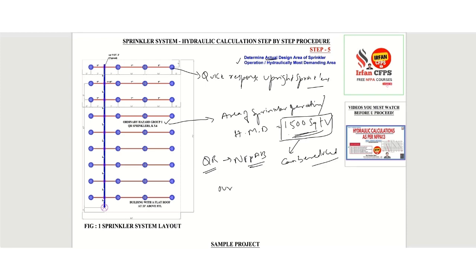So our remotest area of operation can be reduced if we consider quick response sprinklers.